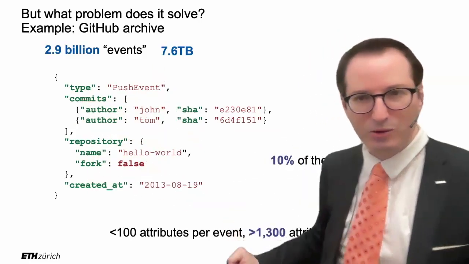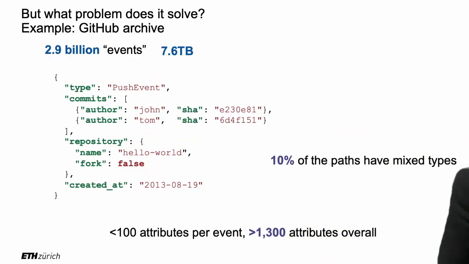So all of these values here. 10% of the paths have mixed types. So in 90% of the cases, it's going to be all integers or it's going to be all objects. But in 10% of the cases, it's going to be a mix. So at the same position in the objects, same path, you will have values of different types. That you cannot deal with so easily with SQL.